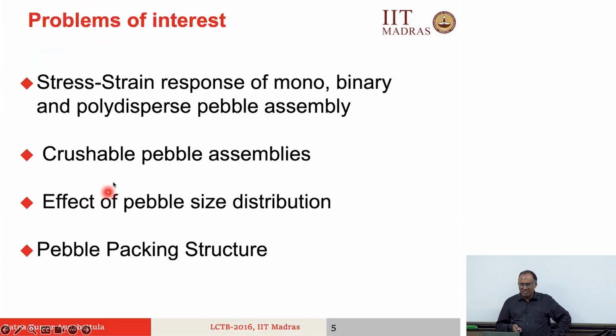What we are interested in is the stress-strain response if the assembly is monosize, binary or polydisperse. What happens if you are dealing with a crushable pebble assembly? But the crushable pebble assembly that I am talking about is different from what Professor Zhao mentioned in yesterday's class.